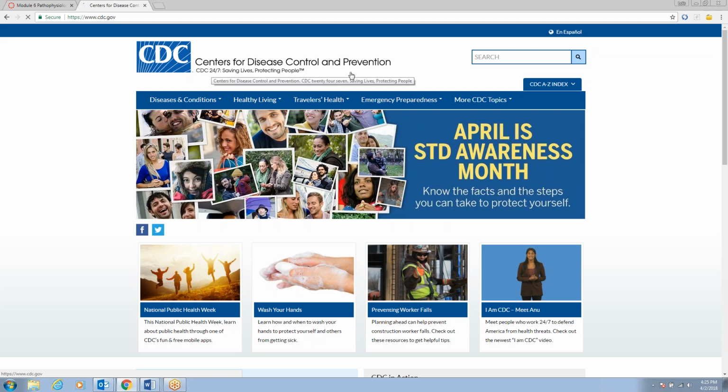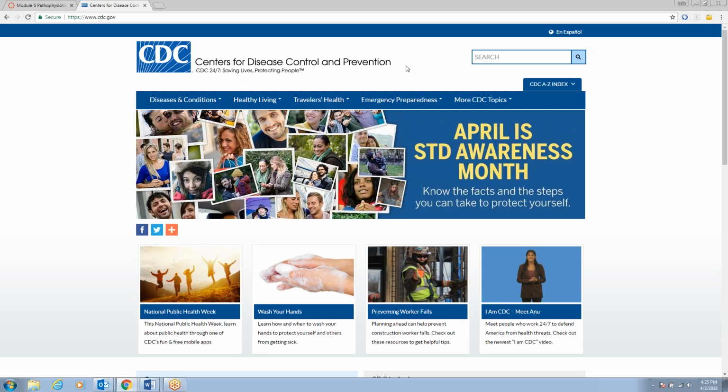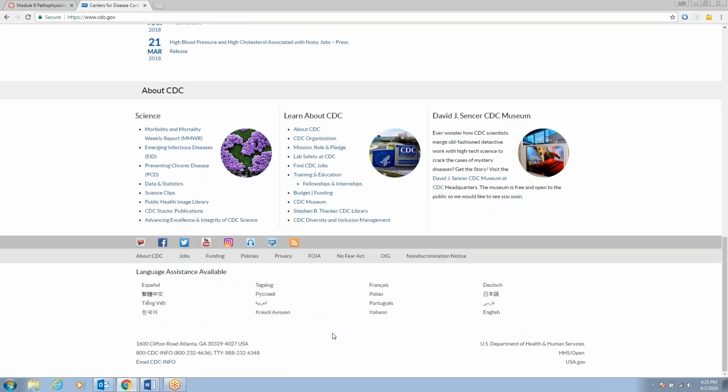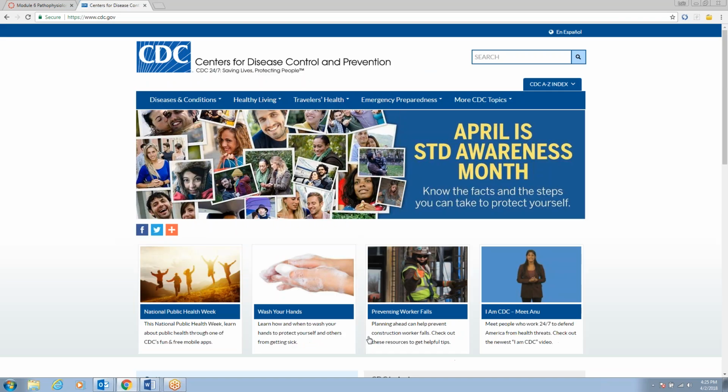So you'd have to write that whole thing out. Then you could put parentheses CDC, and then whatever the date of your article is. If you got it just off the website and they don't have a date, it'd be n.d. And then in your paper, the first time you're talking, you're going to have to spell out the Centers for Disease Control and Prevention 2000 whatever, and then subsequently you can use CDC and then your dates.